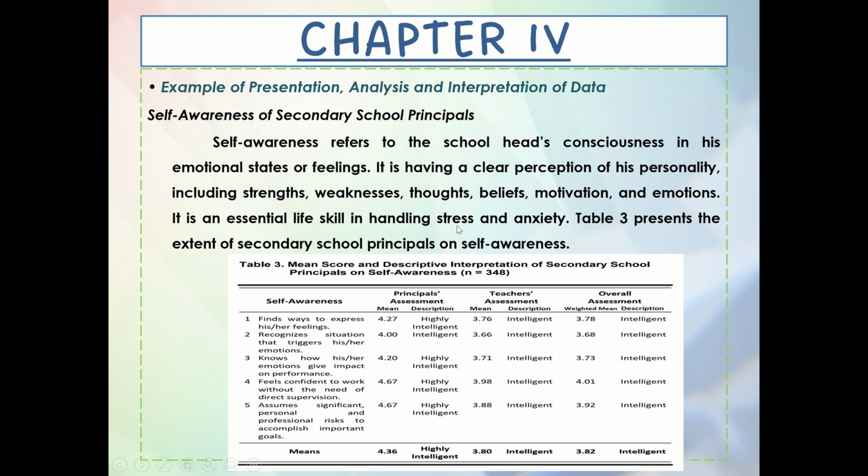So, sa first paragraph, you can give an overview of what self-awareness is or kung ano man yung variable mo, you can give an overview of that. Pero very limited lang. Yung significant lang na tingin mo ay kailangan mabasa uli or ma-review ng mga readers nyo.